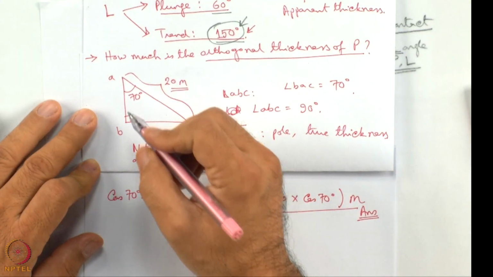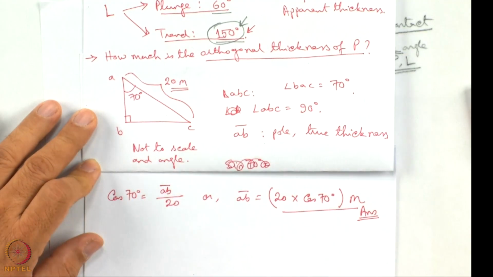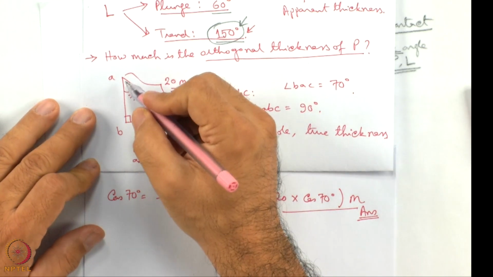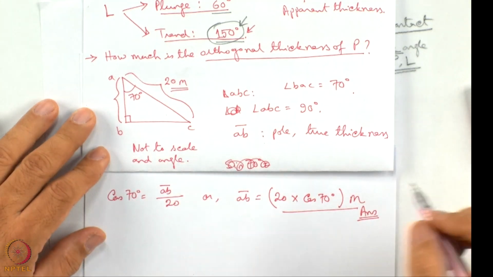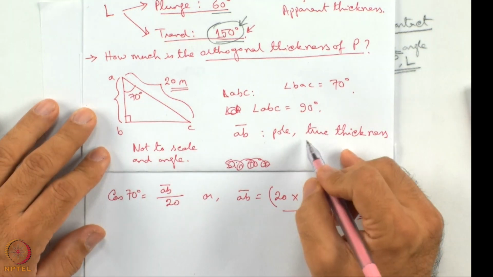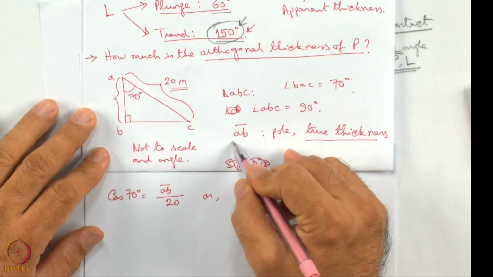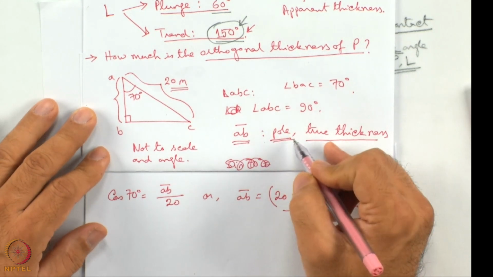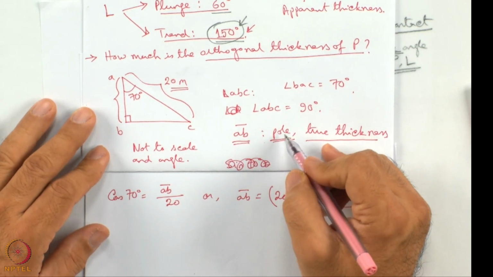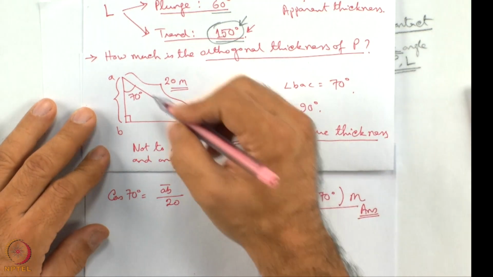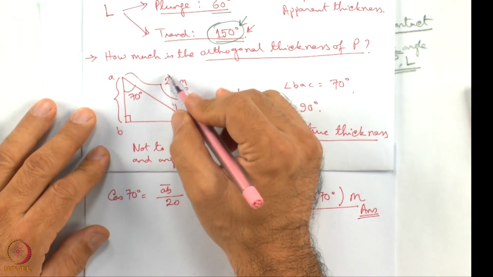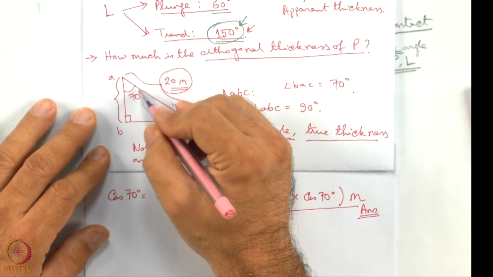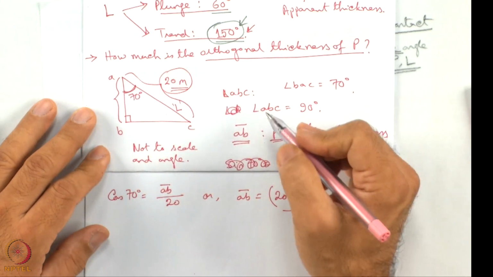Now we are going to use this 70 degree angle and draw triangle ABC. Think three dimensionally. This AB length, let us say it is the orthogonal thickness or the true thickness, then this AB line must be represented by the pole, because by definition pole is a line which is perpendicular to the plane, and the line in space AC, which is our line L length, has a length of 20 meter given, and we know that their angle is 70 degree.